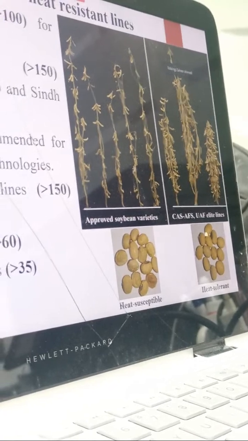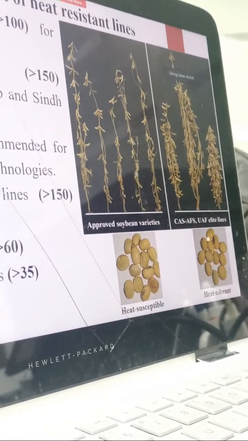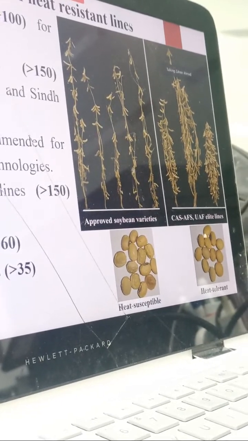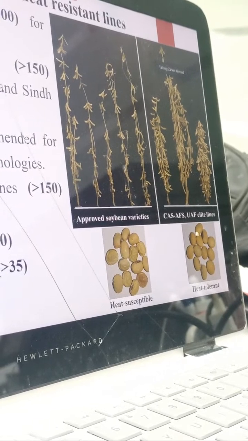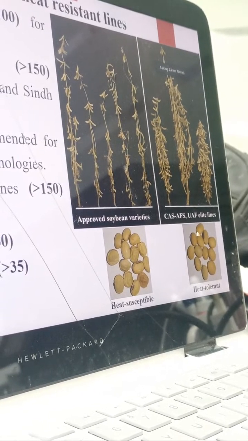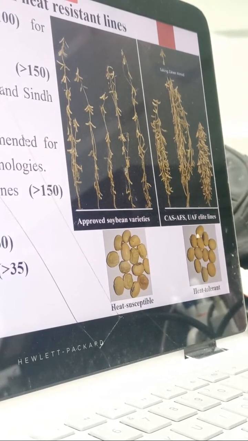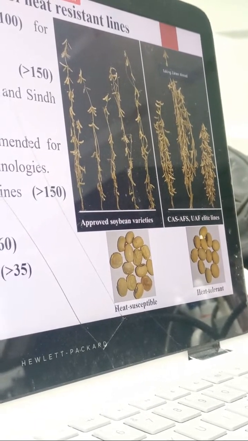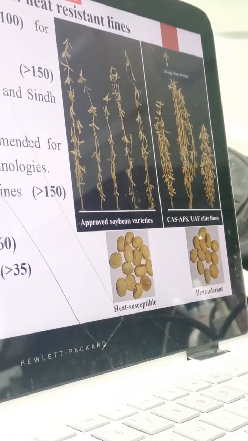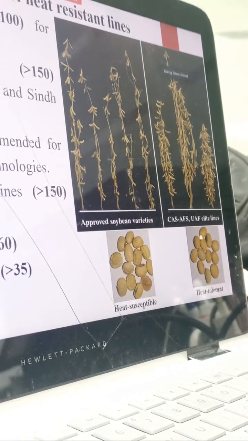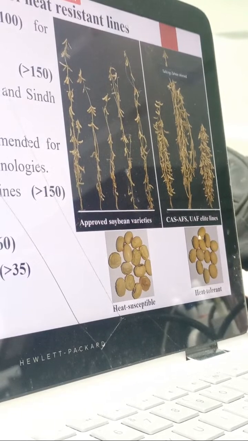On the left hand side, you can see the number of lines which we have identified for different purposes. For example, there are almost 100 lines which are suitable for different cropping systems. There are above 150 lines which are suitable for spring season, and more than 50 lines which are suitable for intercropping technologies, and I will talk about that technology a minute later.